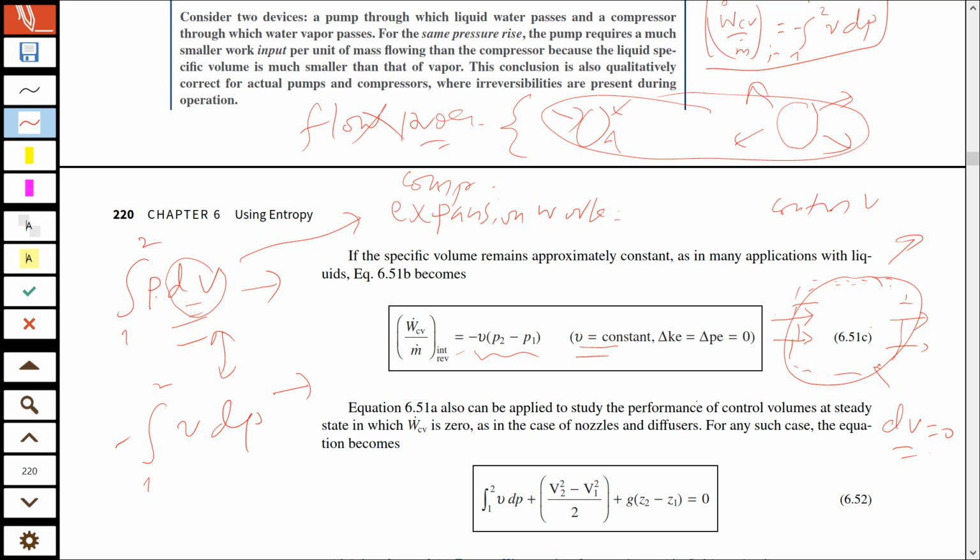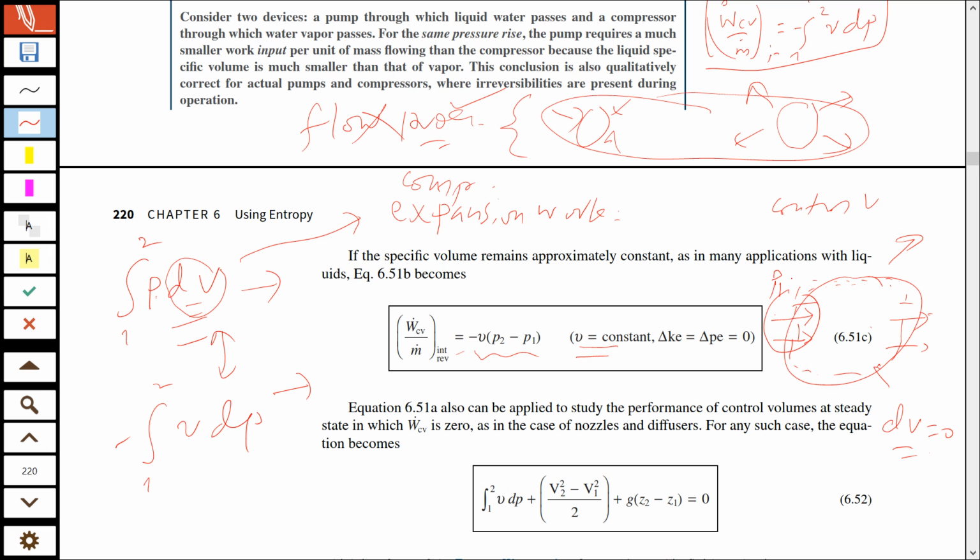So what does it mean? We are talking about a flow. I don't want to say that a control volume cannot expand. A control volume can expand, but you will not call it a flow process then, because we are focusing on a flow process. For a flow process, only the pressure can vary from inlet to exit.